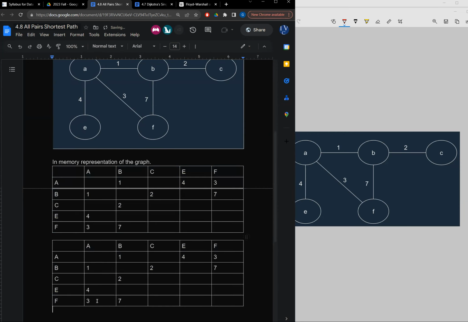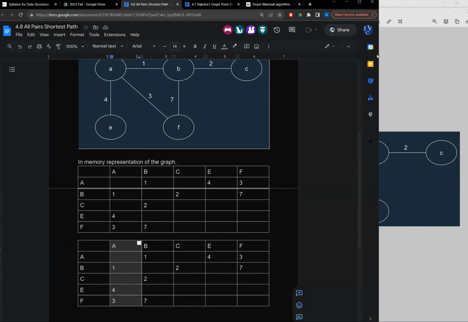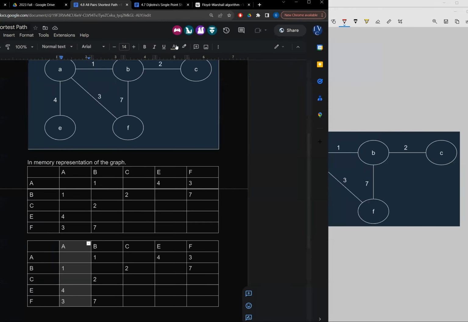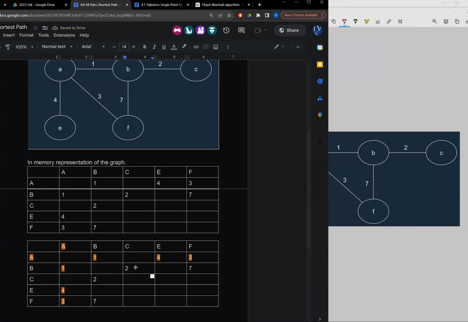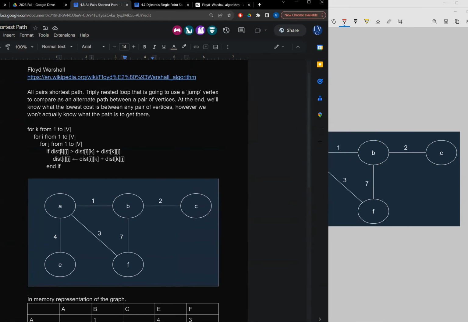Now, what we're going to be doing is going through the loop.